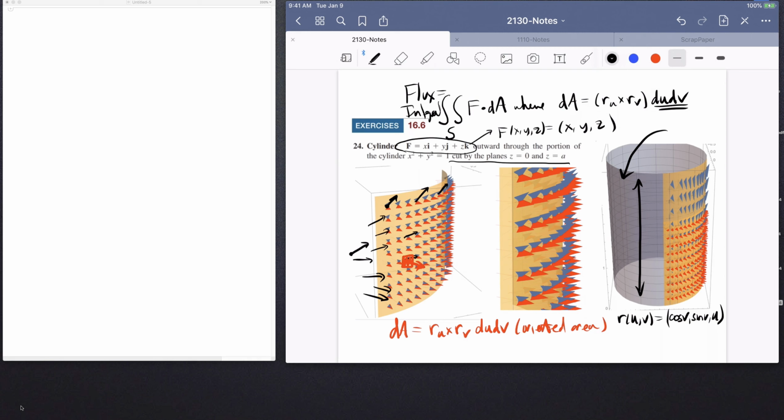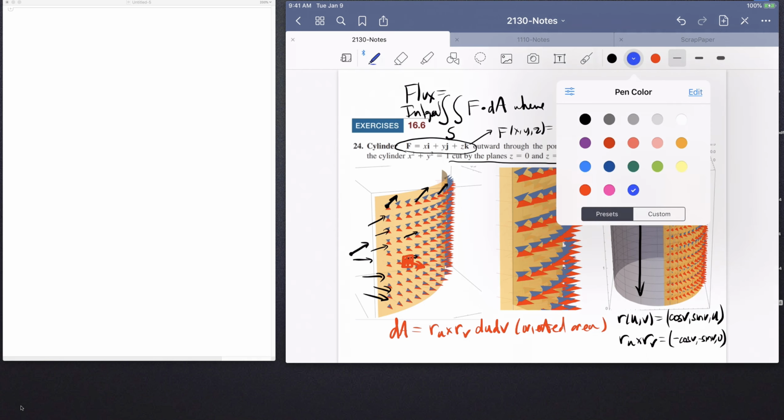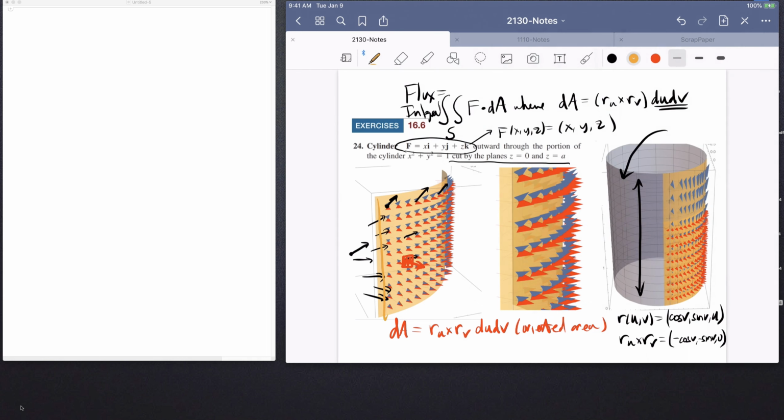We have seen in past videos that r_u cross r_v comes out to be negative cosine of v, negative sine of v, comma 0. We'll double check that in just a second. If we want the flux coming through only part of the surface, here we can see this orange surface.